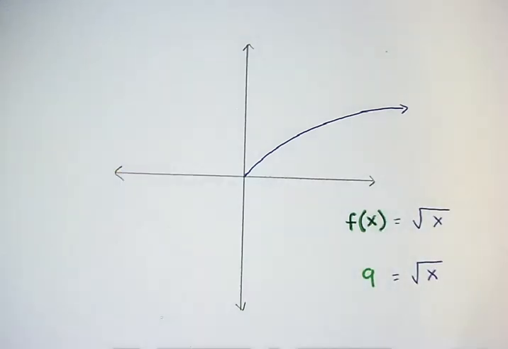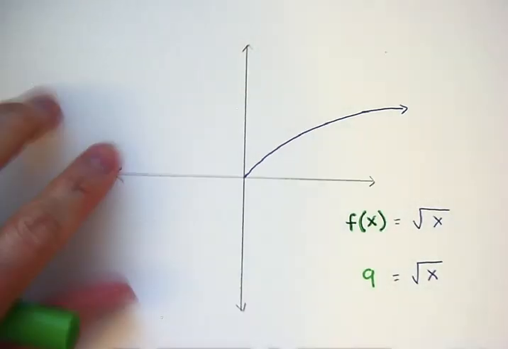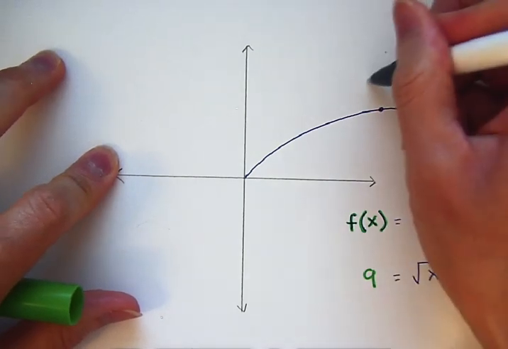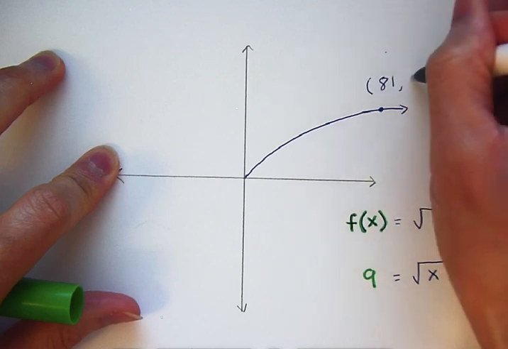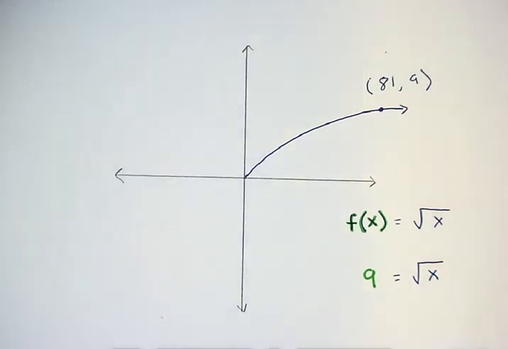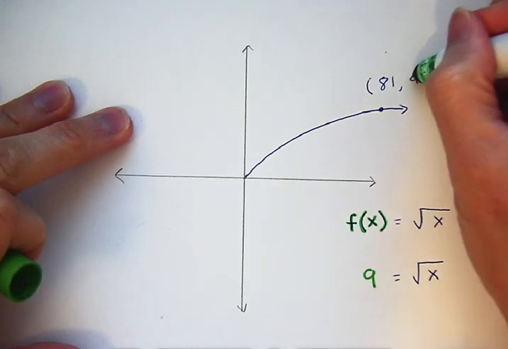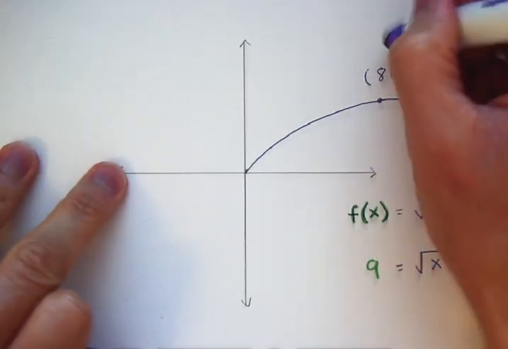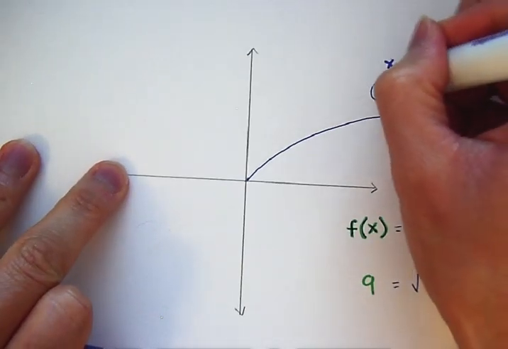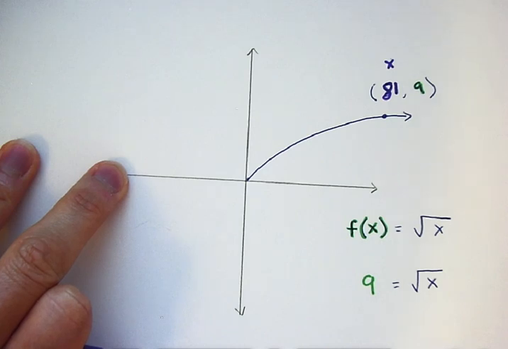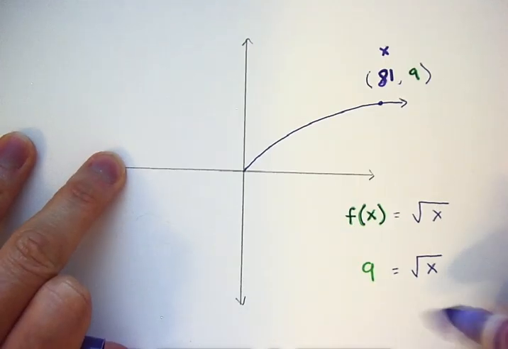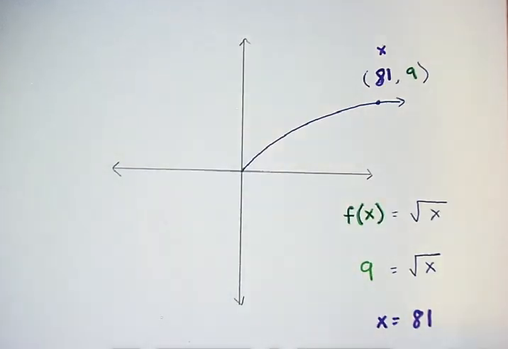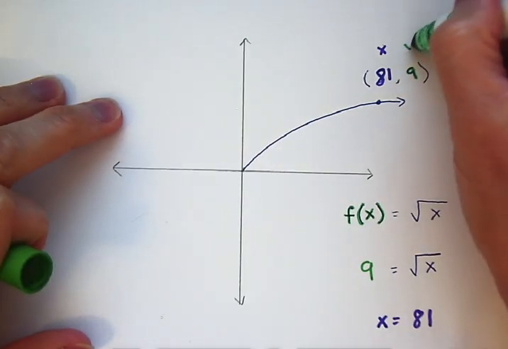And f of x, once again, is like a y. I know way over here, there's the coordinate 81, 9. And so this is where my y is equal to 9, and where my y is equal to 9, my x is equal to 81. That's why the answer for this question right here is x equal 81, because that is the x value for when my y is 9.